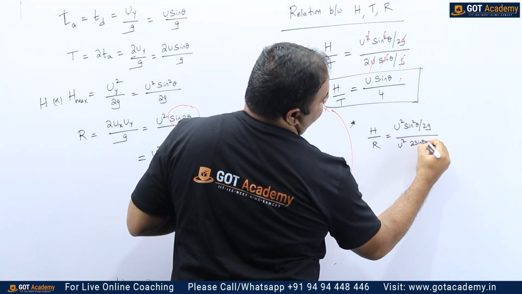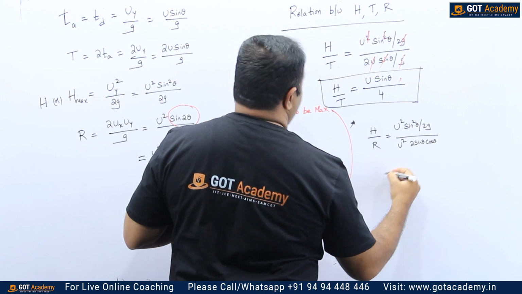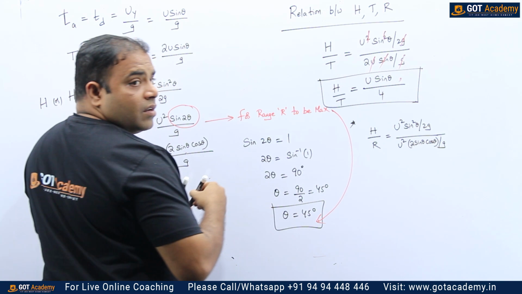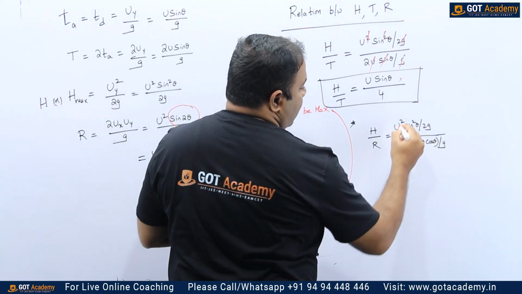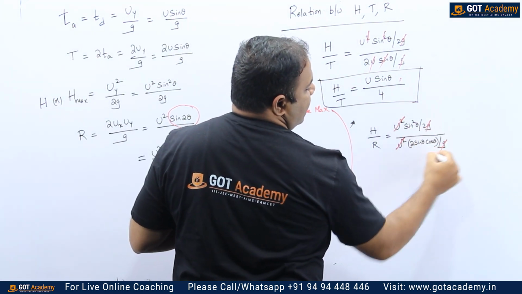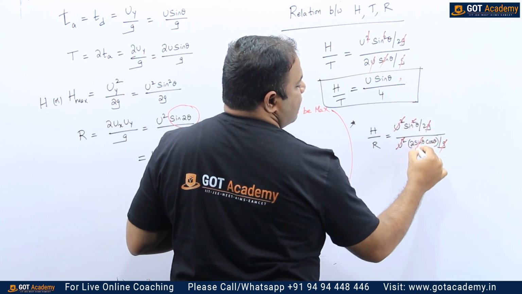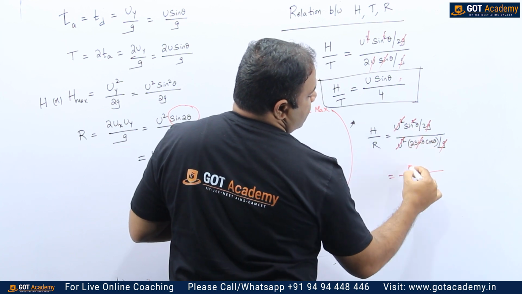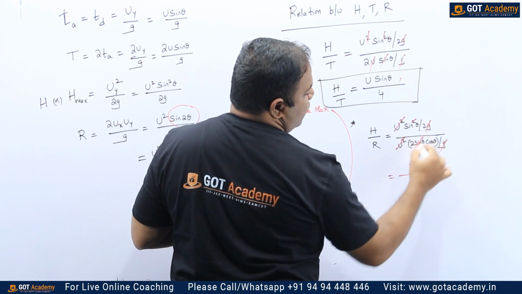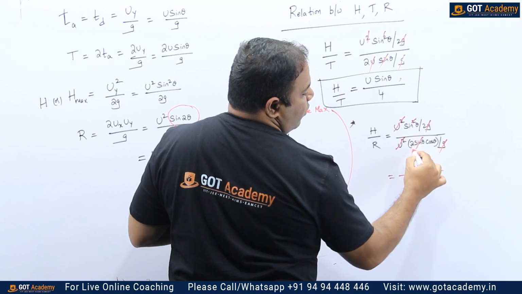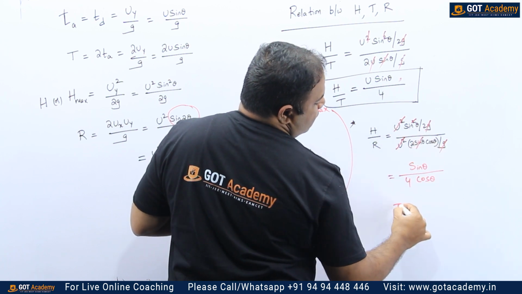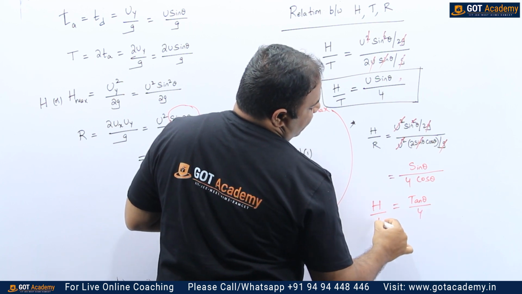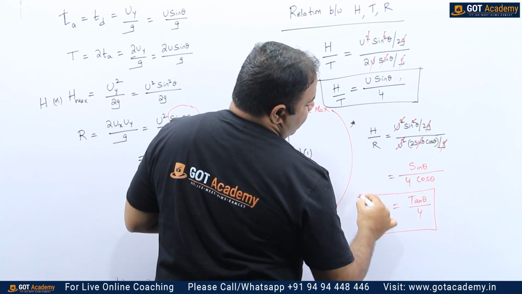So here u square cancels, g cancels, and this sin is cancelled. So finally the remaining one is sin theta. This 2 is coming down, 2 into 2, 4, and here cos theta. So the answer is tan theta by 4. This is a very important relation, which you can directly apply.